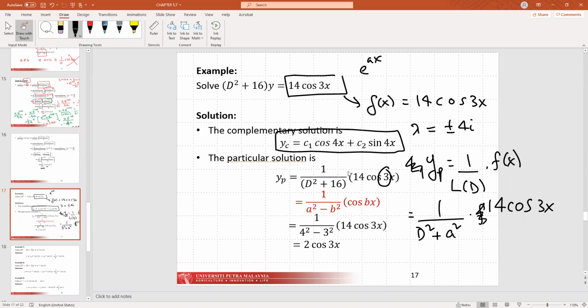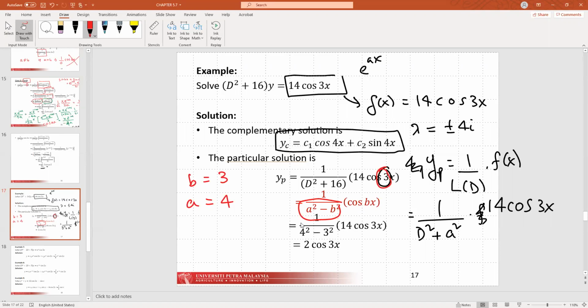Okay, so nampak tak? Yang ni adalah nilai B. This is B value. B sama dengan 3. A sama dengan 4. So sebab tu dapat A squared minus B squared. So 16 tolak 9 jadi berapa tu? Aduh.